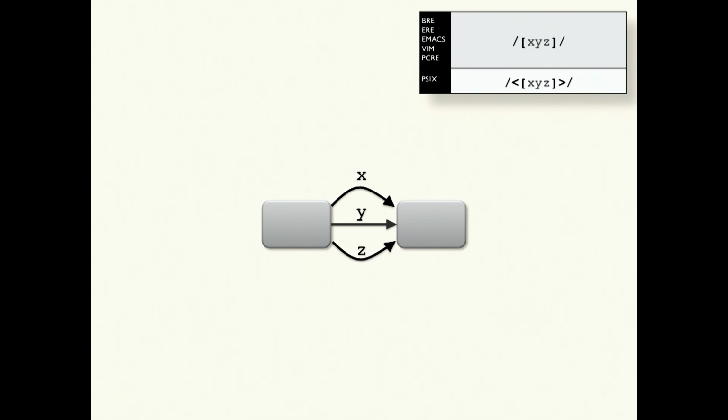But in reality, that's not what's happening in the implementation of most regex engines when you have a character set like this. In reality, what's happening is it's in fact building some internal set representation and only doing a set lookup on that once.